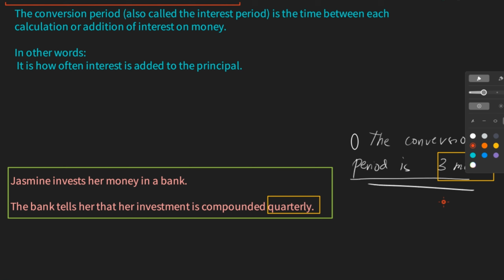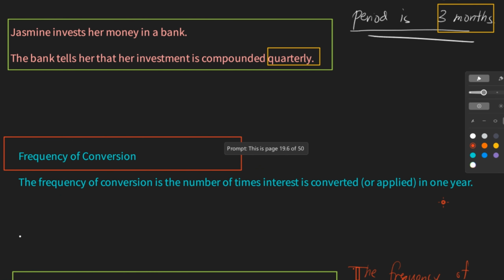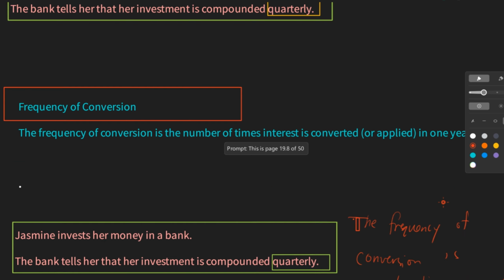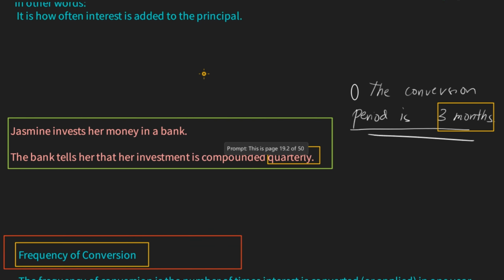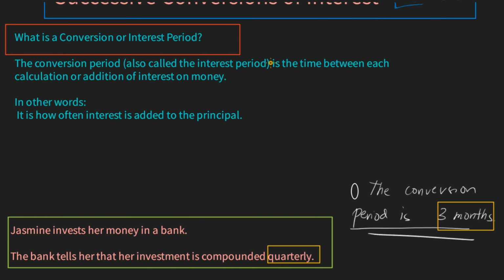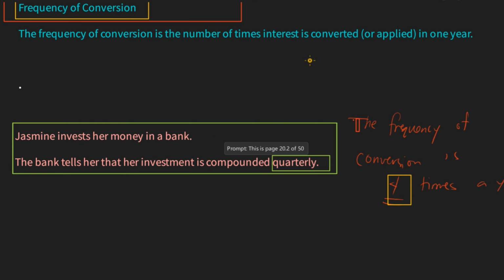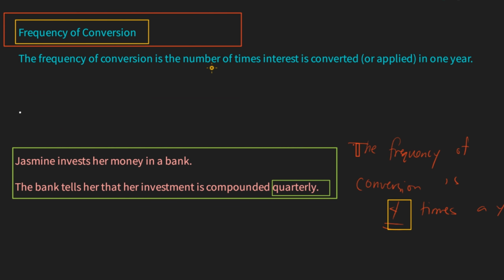If we complete a year, Jasmine will pay 4 times a year, and that is the frequency of conversion. So again, the conversion or interest period is the time, and the frequency of conversion is the number of times the interest is converted or applied in a year.